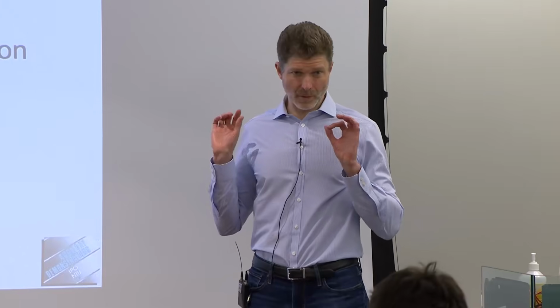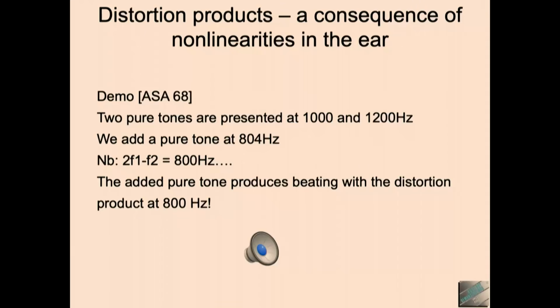In a second, I'll play you something that's not as subtle. This is one of the ways that people actually measure these things. And there's something even crazier that you do if you want to infer the amplitude of the distortion product. You do what we just did: you've got your two primaries and the beating tone.